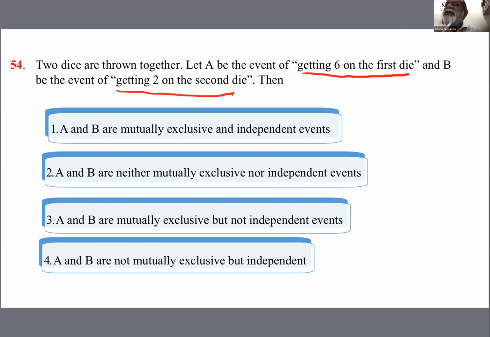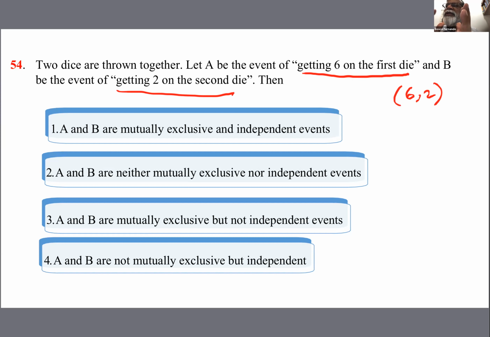But are they mutually exclusive? No. Suppose I get first 6, then 2, the probability of getting the 6 in the first die and 2 in the second die is 1/36. So that event happens. So they are not mutually exclusive.